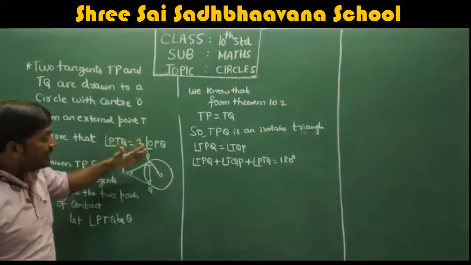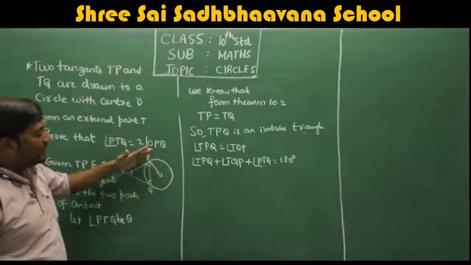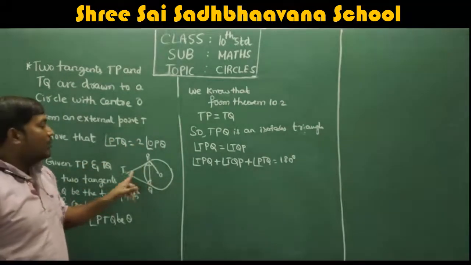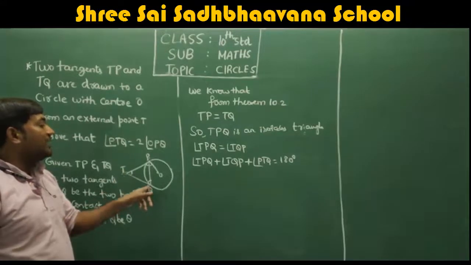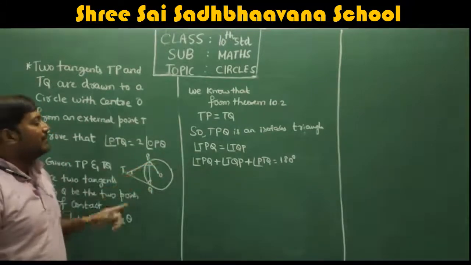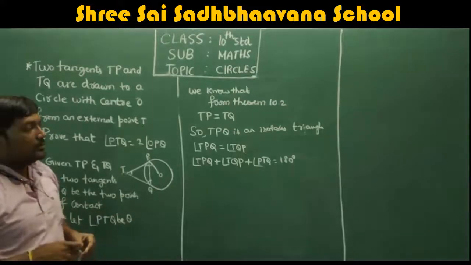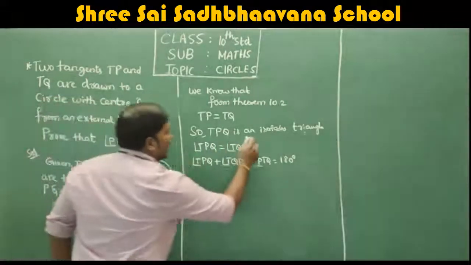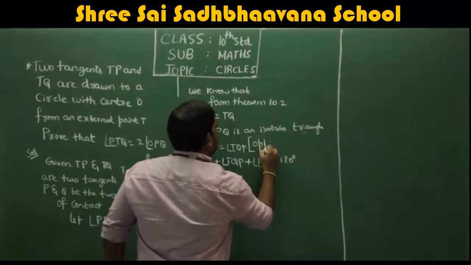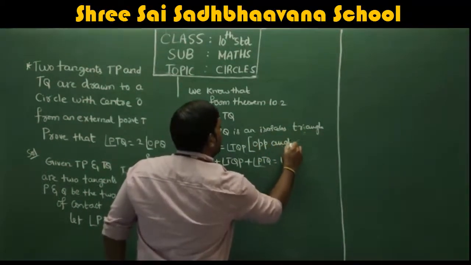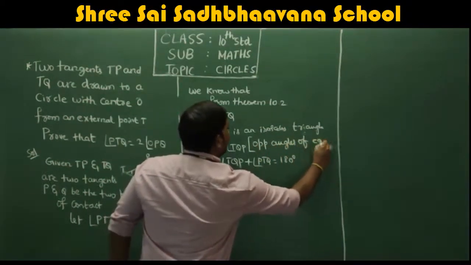So what is the angle opposite to TQ? Similarly, what is the angle opposite to TP? So that is the reason TPQ and TQP are equal. You can write this as a reason: opposite angles of equal sides.